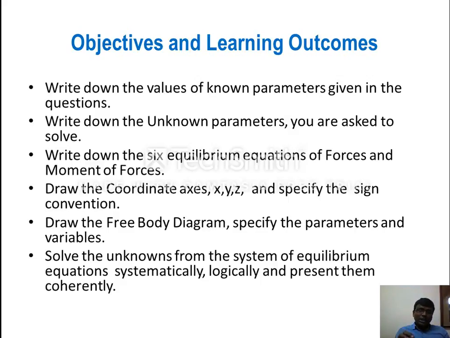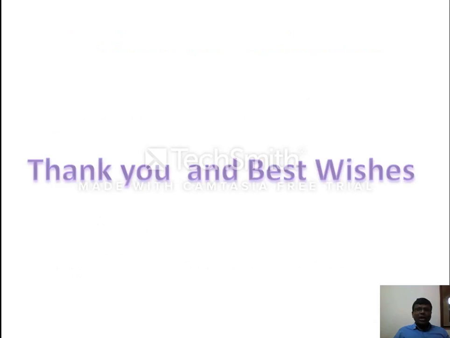Whenever you draw a free body diagram, use a very neat sketch. Now you have a system of equilibrium equations from the free body diagram, and you start to solve these unknowns from the system of equilibrium equations. That has to be systematic, logical, and presented coherently. Your presentation should be very convincing, and you have to approach it systematically.